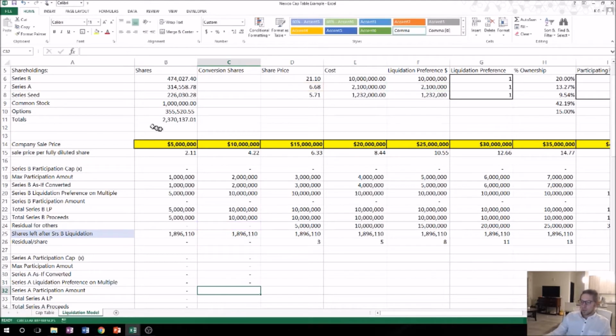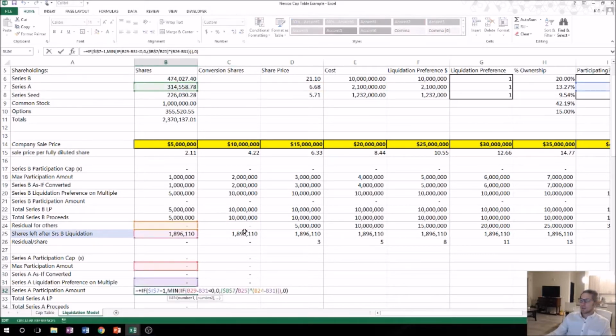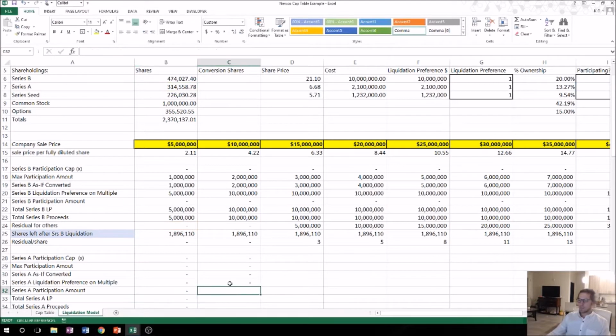Okay, and so now we need to go into the Series A participation amount. The Series A participation amount is calculated just a little bit different. It still takes the new share total into account, and we do that by saying if it's participating, it equals 1, then choose the minimum, like we talked about above, of the max participation amount.